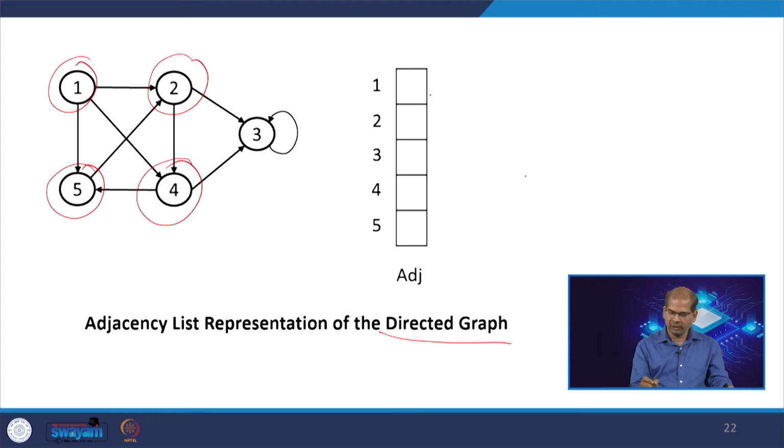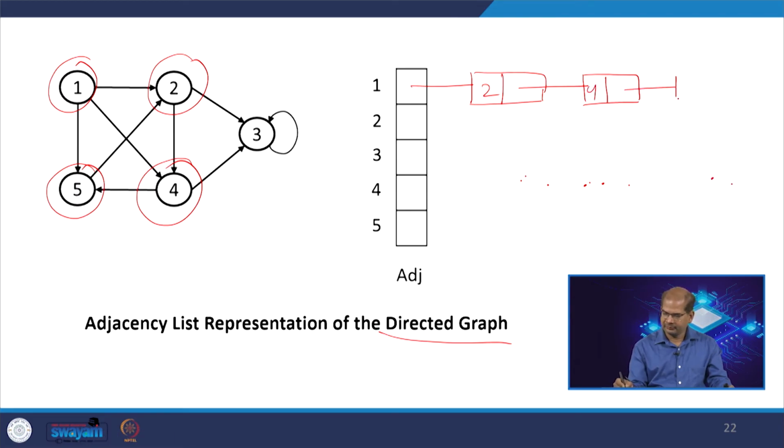So, node 1 will be connected to 2, then 4, then 5.